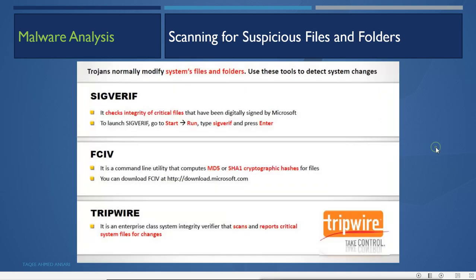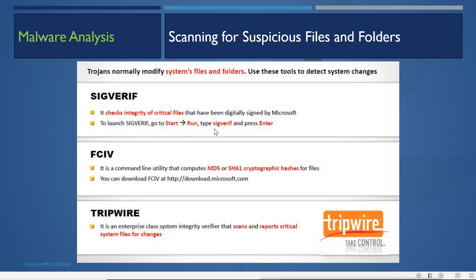Then scanning for suspicious files and folders. Trojans normally modify the system's files and folders, so use these tools to detect system changes. We can use the sigverif tool to check the integrity of critical files that have been digitally signed by Microsoft. To launch sigverif, just go to Start, Run, type the sigverif command and press enter.